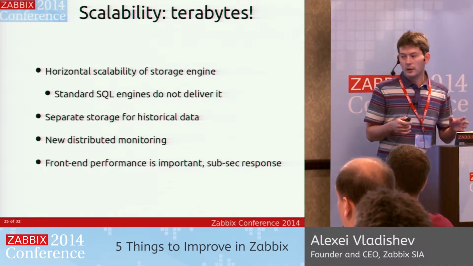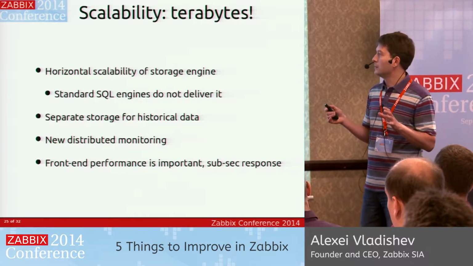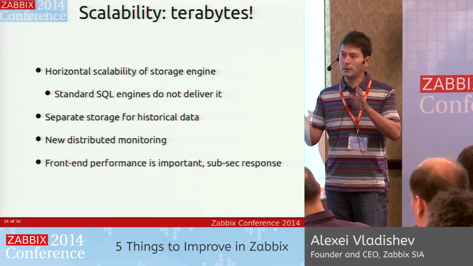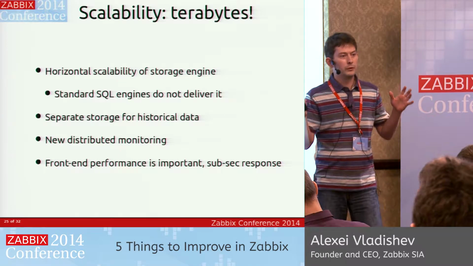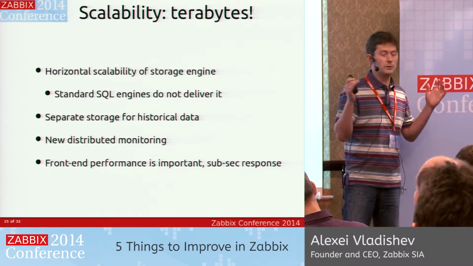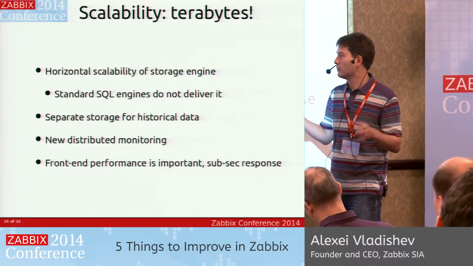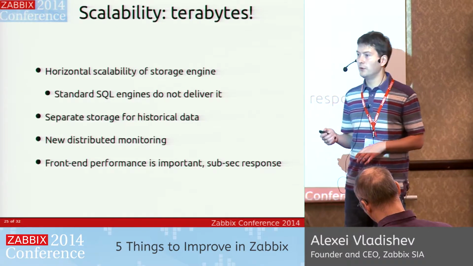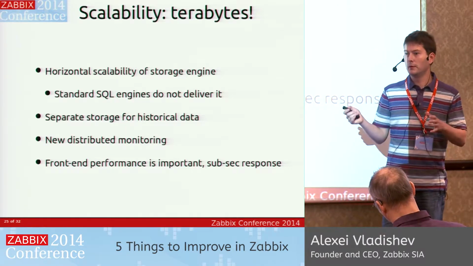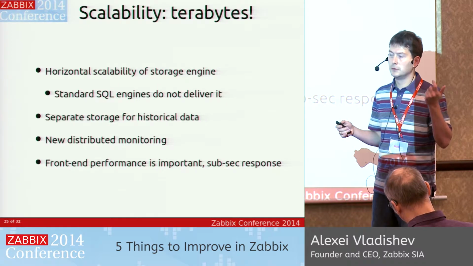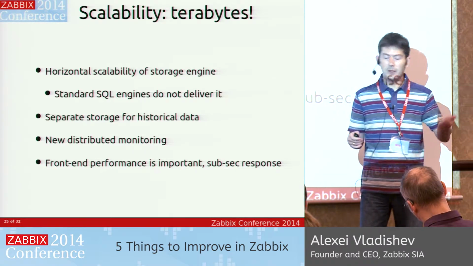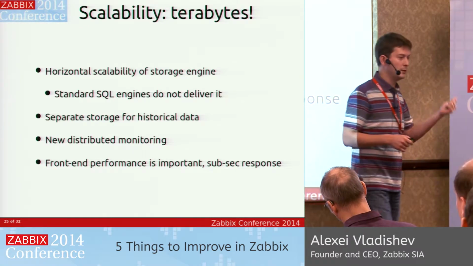But still, I think it might be a good idea to split: you may have all configuration data in an SQL database, MySQL, Postgres, Oracle, whatever, and history in a separate storage. Could be anything: Cassandra, I don't know, InfluxDB, MemSQL, Redis, well, you name it.